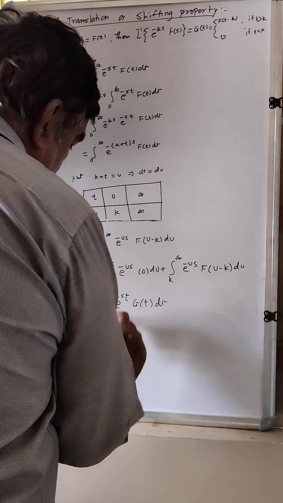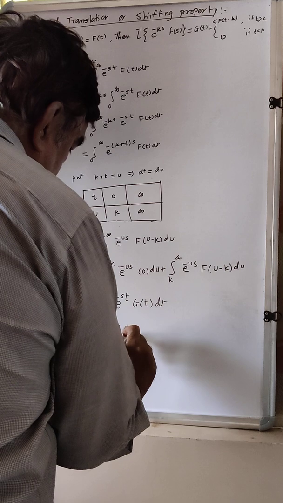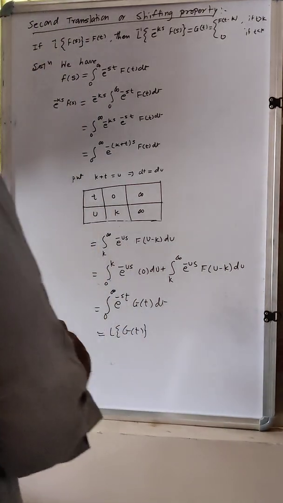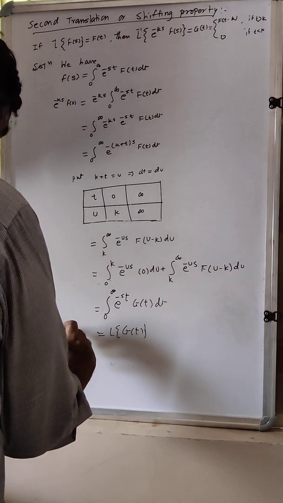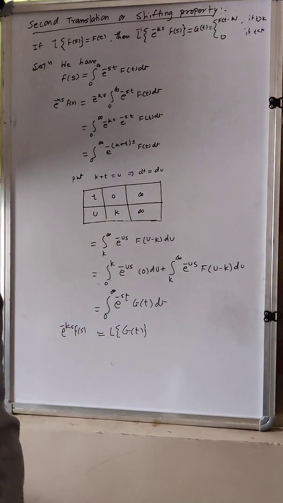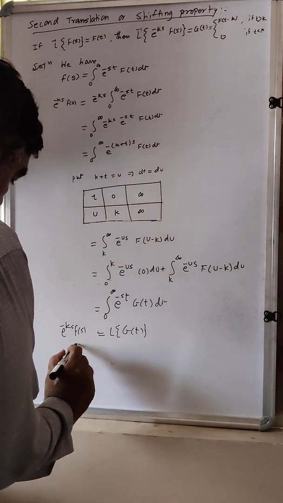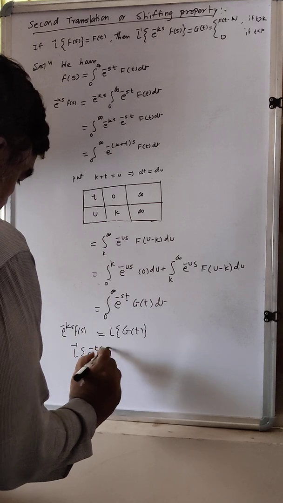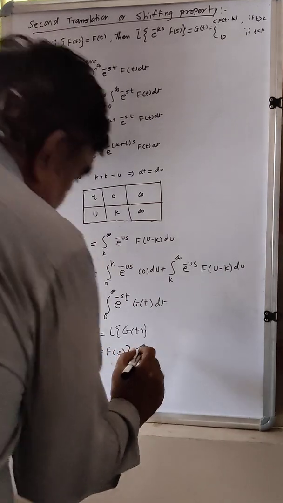By definition of Laplace transform, this is Laplace of g(t), which is e raised to minus ks into F(s). Therefore, Laplace inverse of e raised to minus ks F(s) is equal to g(t).